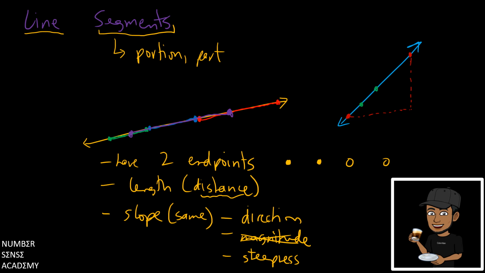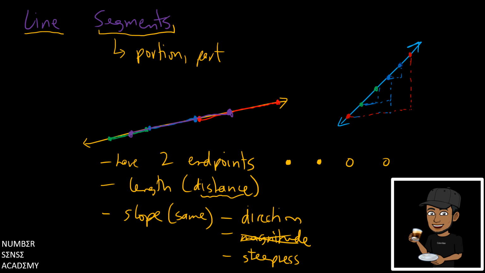Any 2 points will have the same slope of this line. Okay? So any 2 points form a line segment, two endpoints form a line segment, and therefore any 2 points on a line will have the same slope as the main slope.